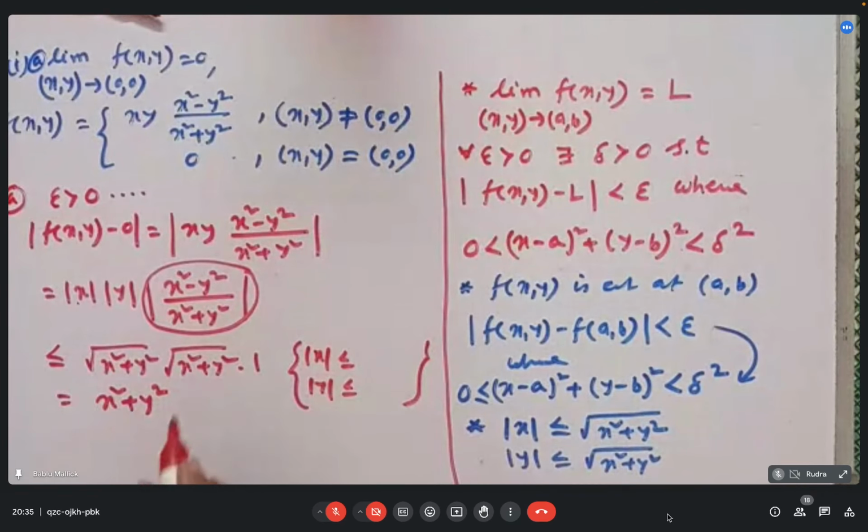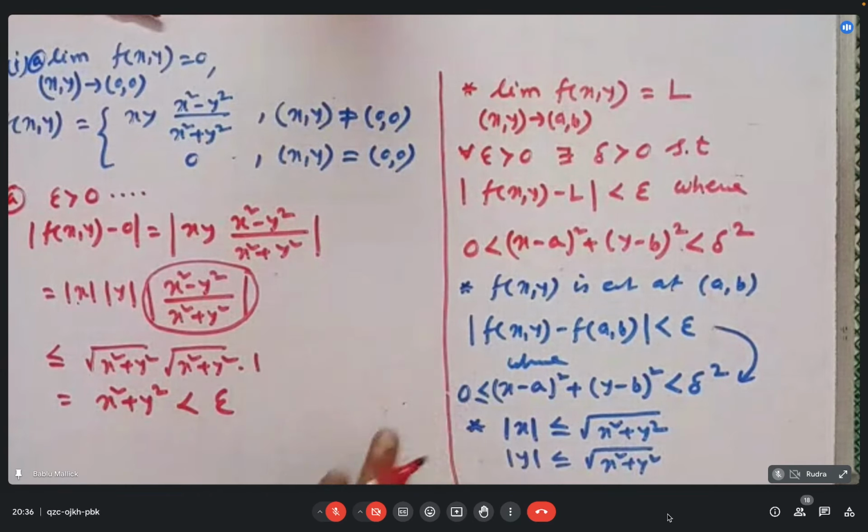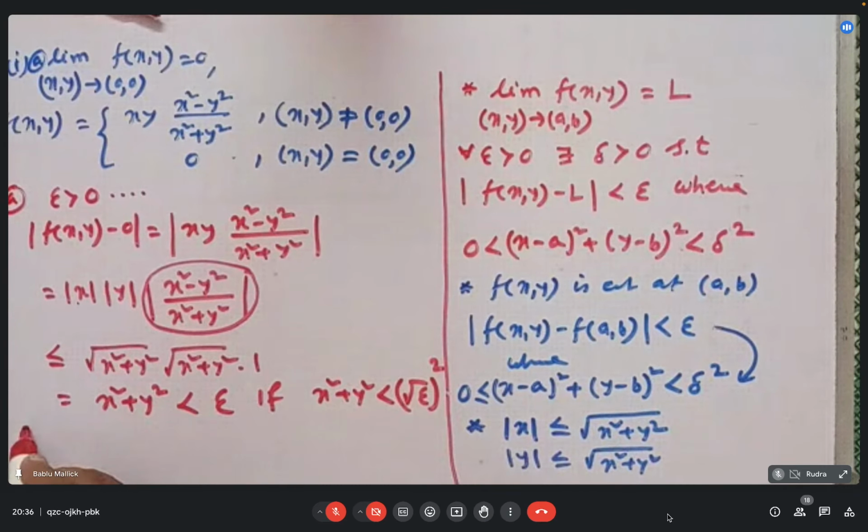Now I shall make it less than epsilon. This is less than epsilon if x² + y² is less than epsilon. So let delta be equal to √epsilon.